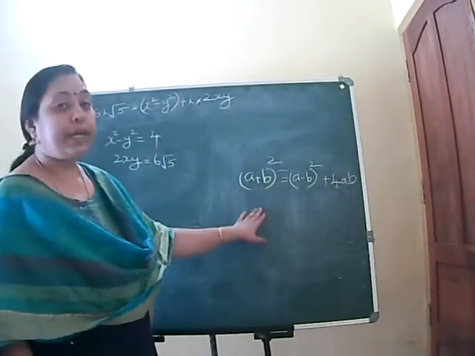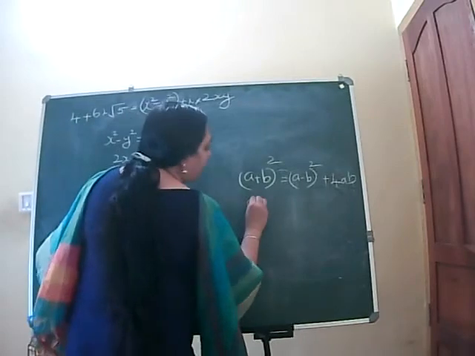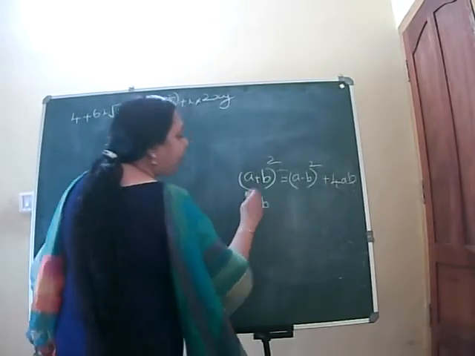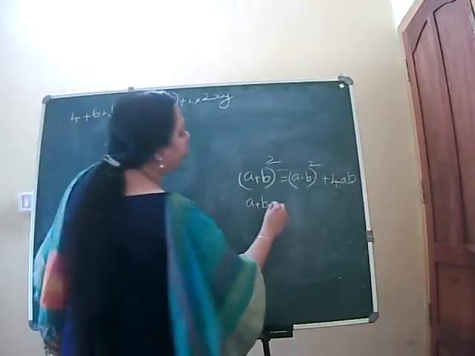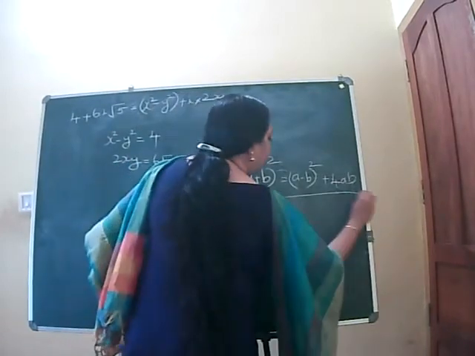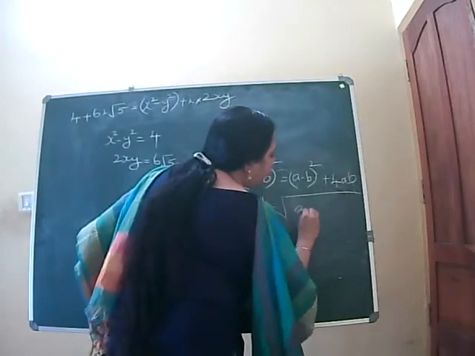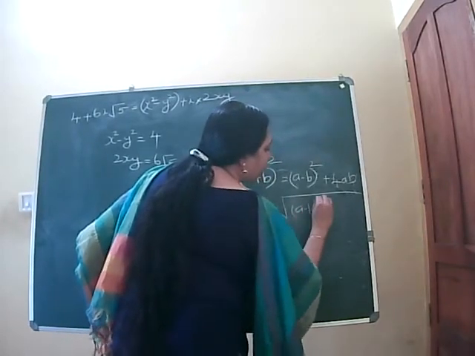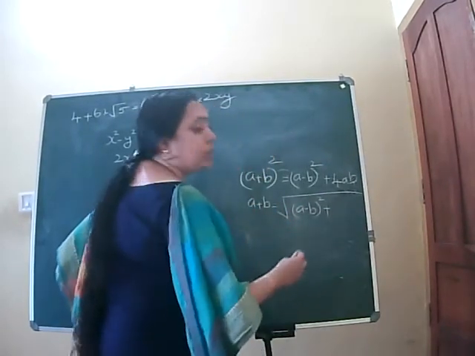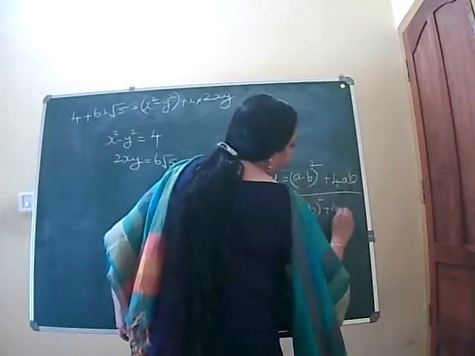From this we get a plus b is equal to square root of a minus b whole square plus 4ab.